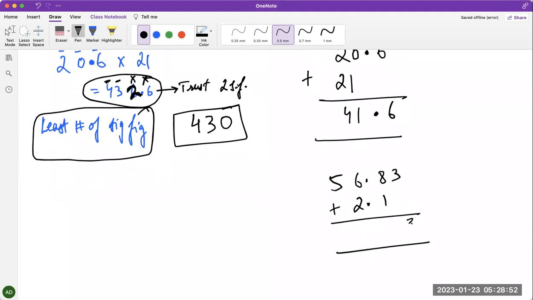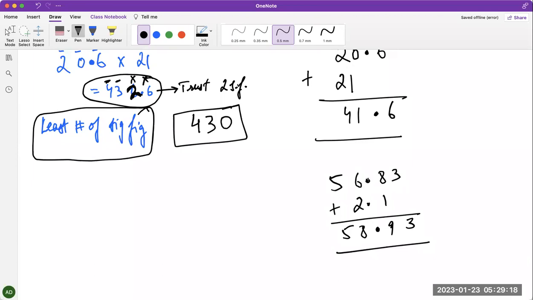So when I add these numbers, 3 gets down here, 8 plus 1 is 9, decimal goes down, 6 plus 2 is 8, and 5 goes down. So I get this answer. So the rule says for addition and subtraction, you go by the least number of decimal places. So you ask yourself, this first number has how many decimal places?